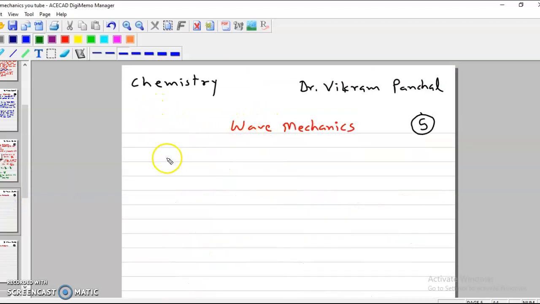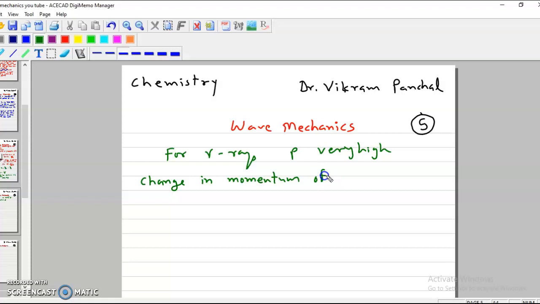So we are using gamma rays for observation of electron location, that means for gamma rays P will be very high, and therefore the change in momentum of the electron, again an error in measurement of momentum, which may be delta P, and delta P is proportional to h upon lambda into sine alpha.